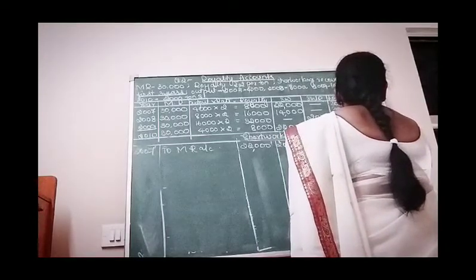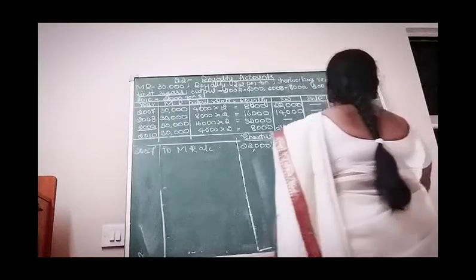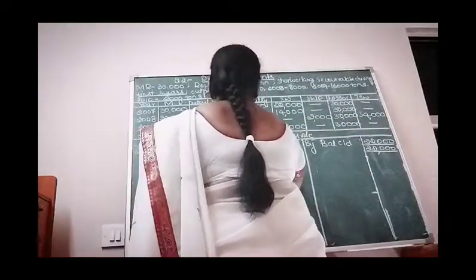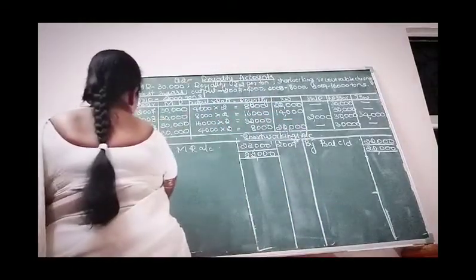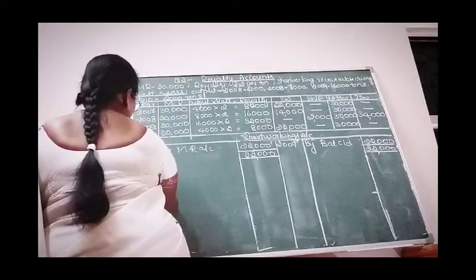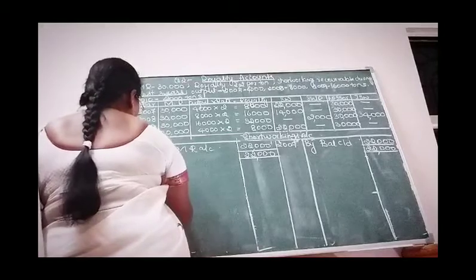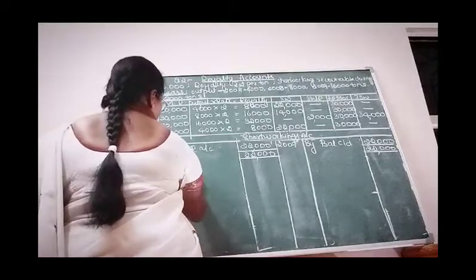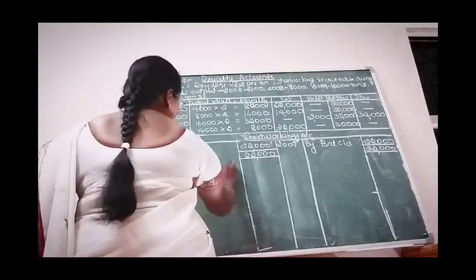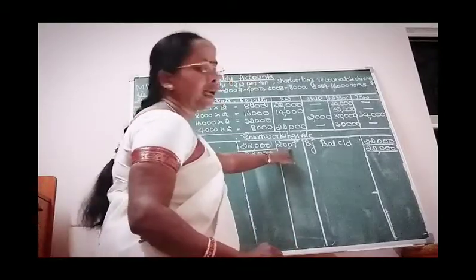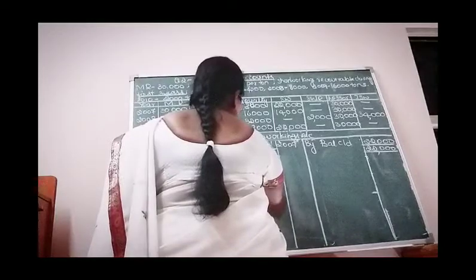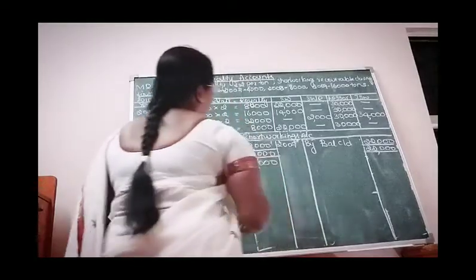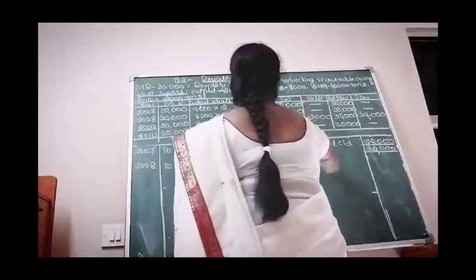You can close this for first year with rupees 22,000. And coming to the second year 2008, before you enter second year entry, you have to bring down the previous year balance. Previous year balance is rupees 22,000. This I have entered now.